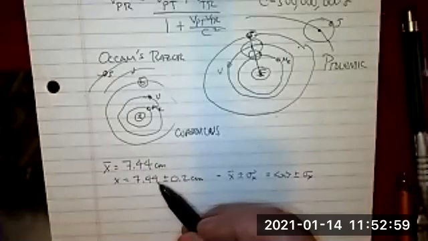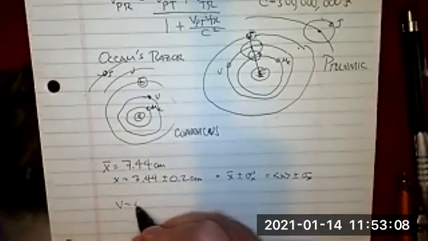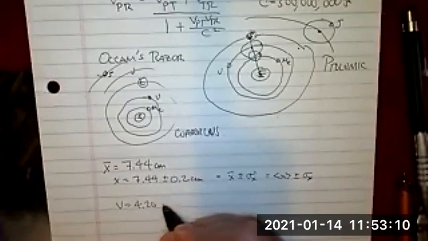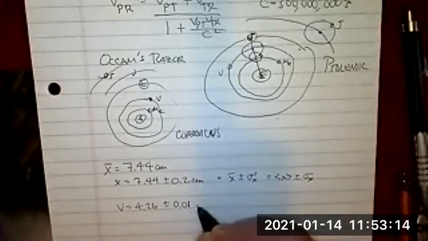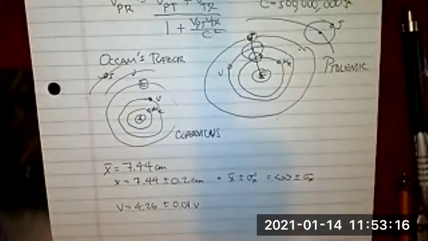Does that make sense to you guys? Like if a multimeter says it's 4.26 volts, then you know it's 4.26 plus or minus 0.01 volts. So that's what you do when it's digital.